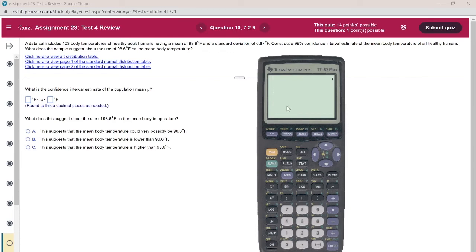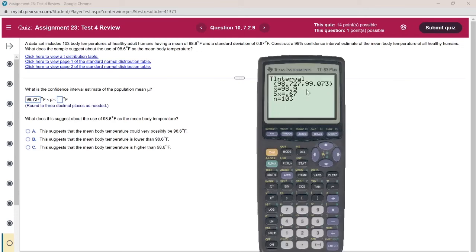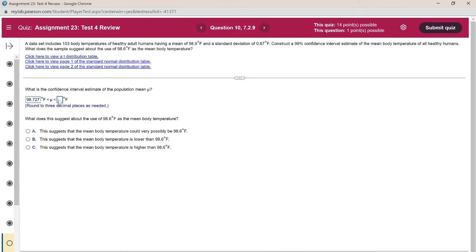When we hit calculate, it gives us the confidence interval. This is the lower limit, this is the upper limit. The lower limit is 98.727, rounded to 3 decimal places, and the upper limit is 99.073. What does this suggest about the use of 98.6 Fahrenheit as the mean body temperature? You can see that 98.6 is lower than even the lower limit.